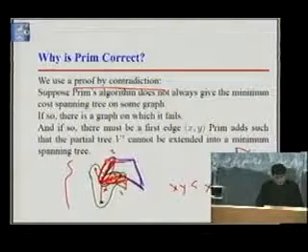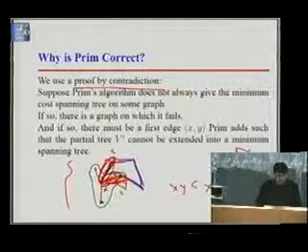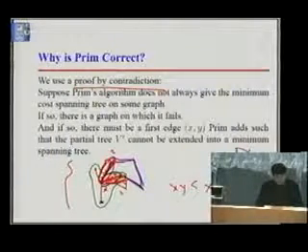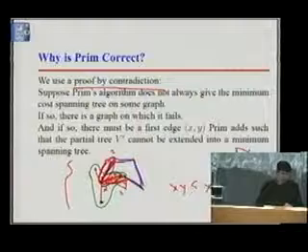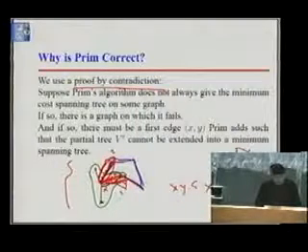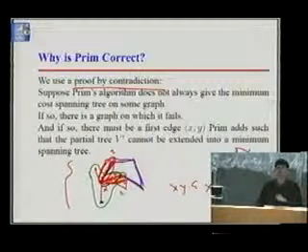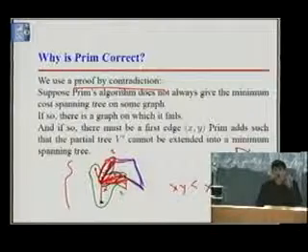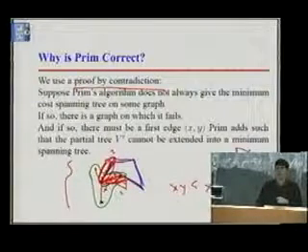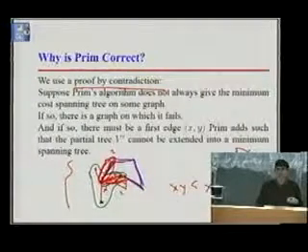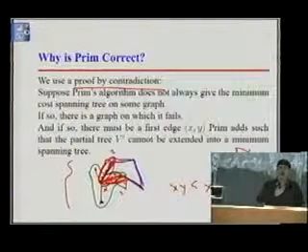If I take a cycle and I delete an edge that costs $100 and replace it with an edge that costs $99, did the weight of my tree go up or down? Down, right?